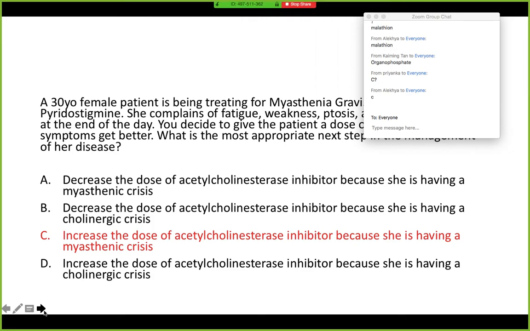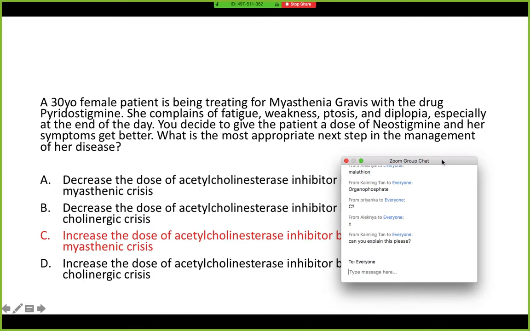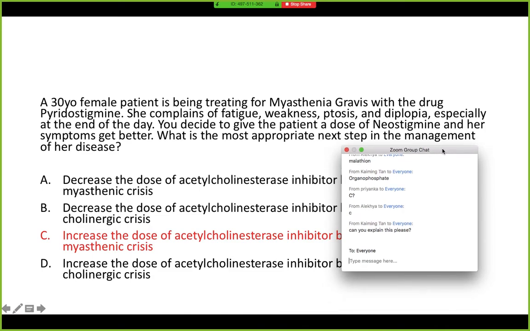Right, so the correct answer here is C. You're going to increase the dose of the acetylcholinesterase inhibitor because she's having a myasthenic crisis. So if you give her a dose of neostigmine, which is an acetylcholinesterase inhibitor, you're going to increase acetylcholine everywhere acetylcholine is. So that includes the somatic nervous system.